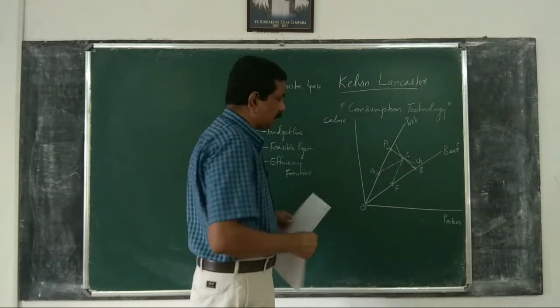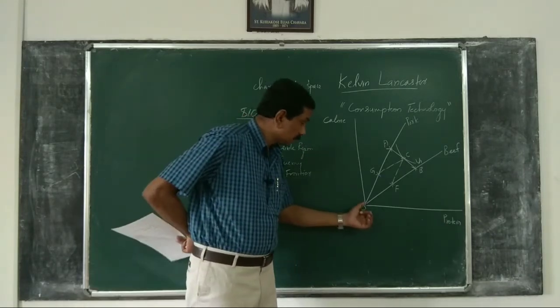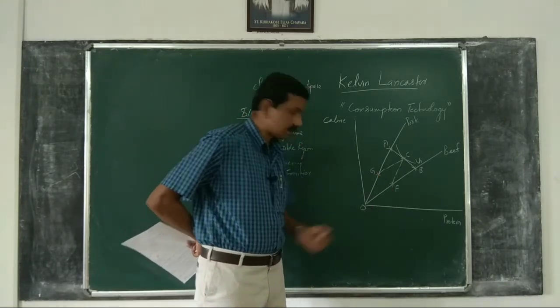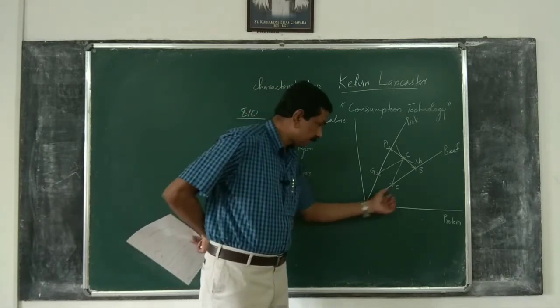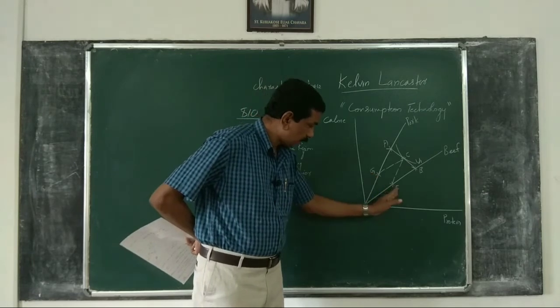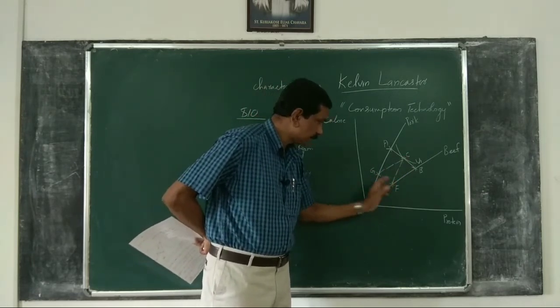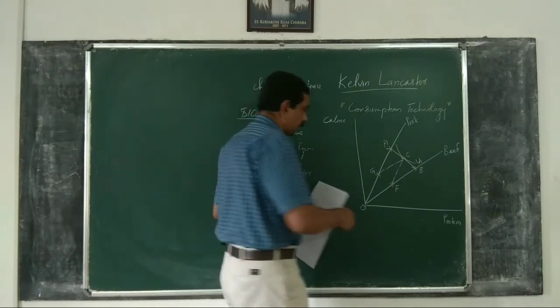In the last session, we have seen that if OG is a vector, OF is another vector, and if OG and OF are two sides of a parallelogram, then what is the diagonal?